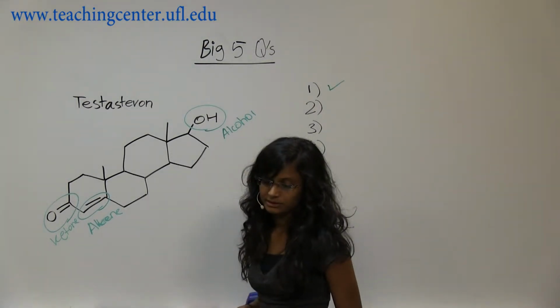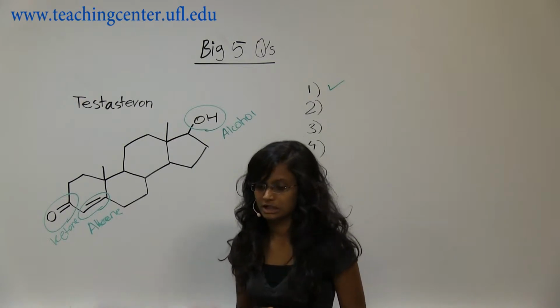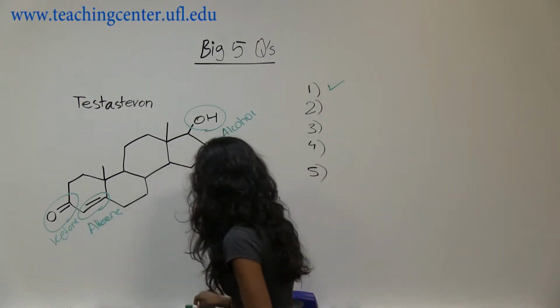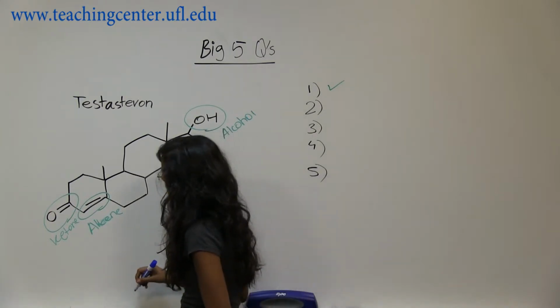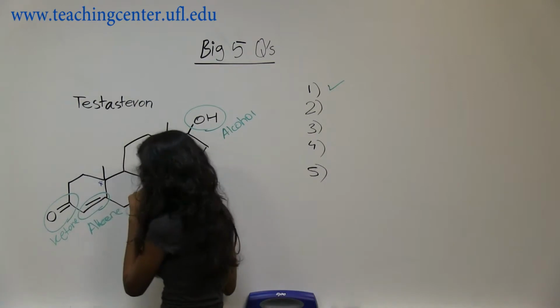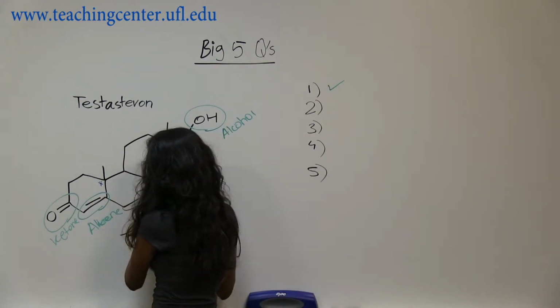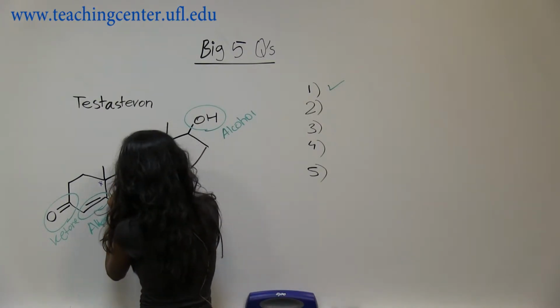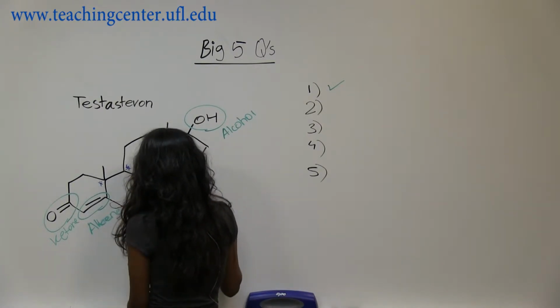Number 2 is how many carbons are chiral in this molecule. So you just have to go through it and see which one's chiral. This one has 4 different things. This one has 4 different things. That one as well.